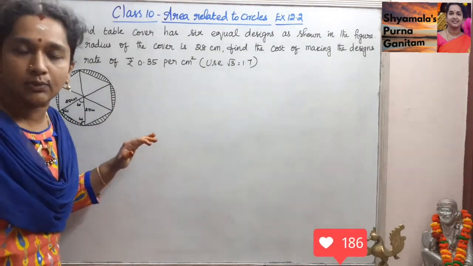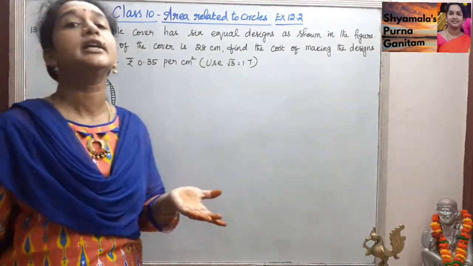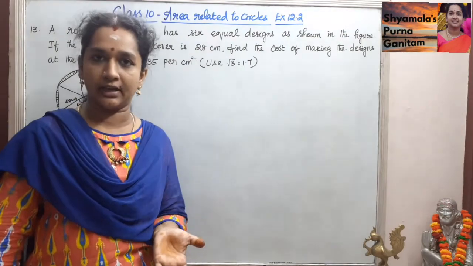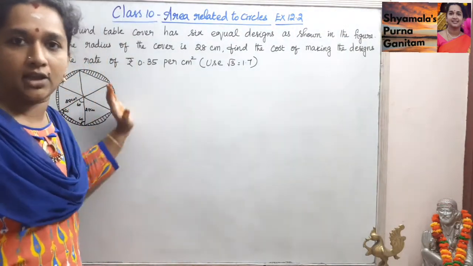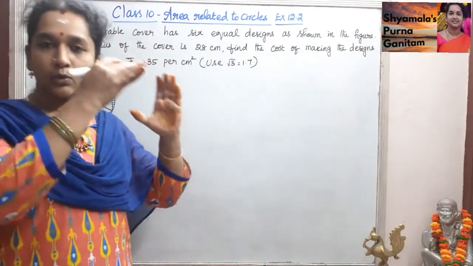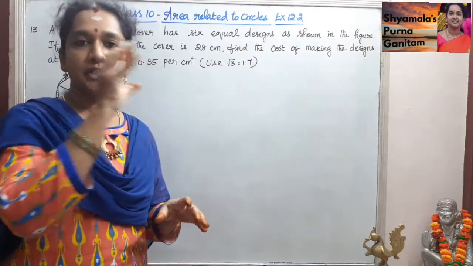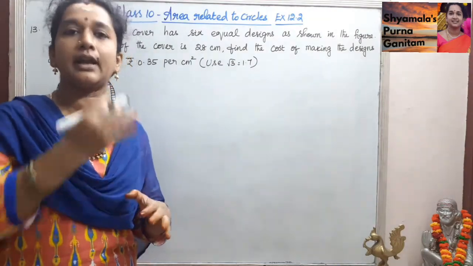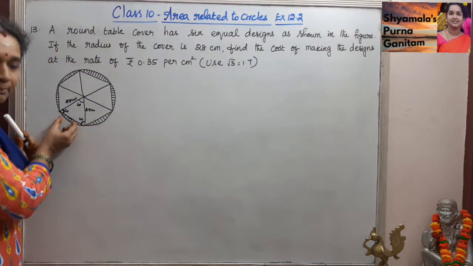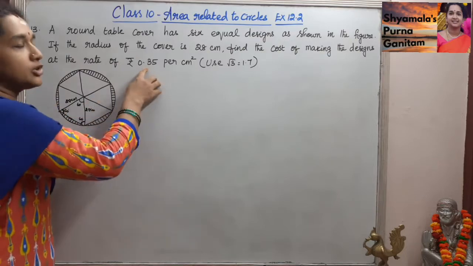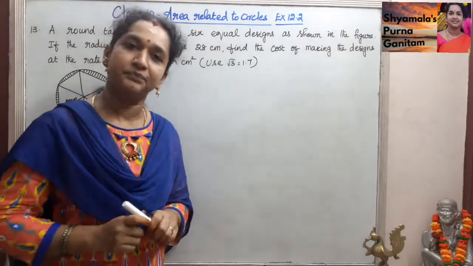Since it forms an equilateral triangle, we can use the area of the equilateral triangle formula, that is root 3 by 4 a square. So we got the area of the sector, the required things we got, then the area of the triangle, we found it as an equilateral triangle. Subtract both, we'll get the area of this shaded part, into 6 into 0.35 will give the answer.